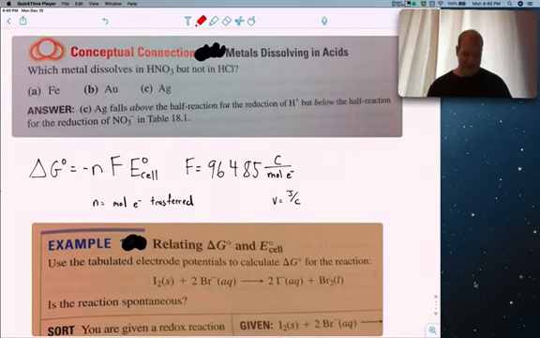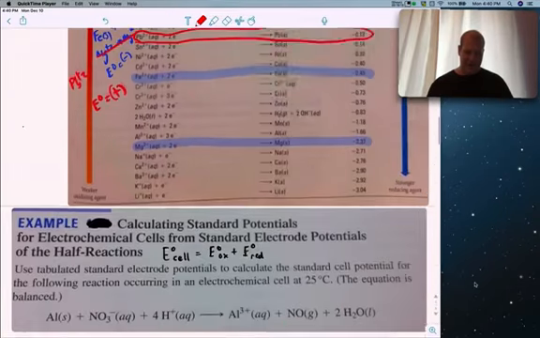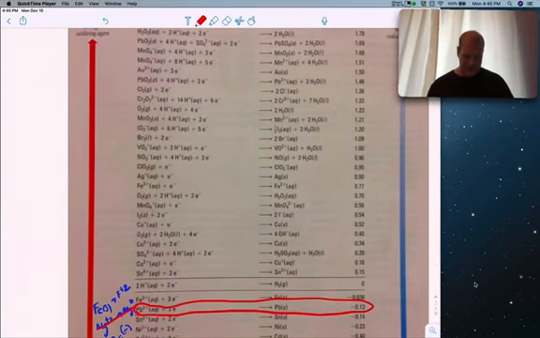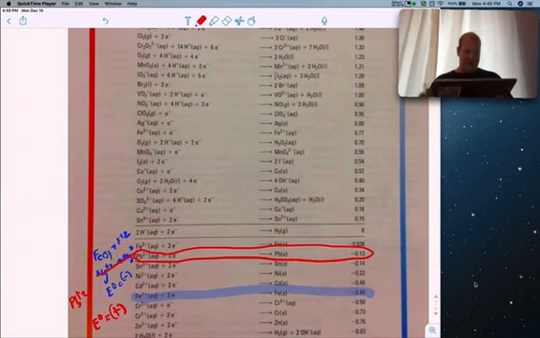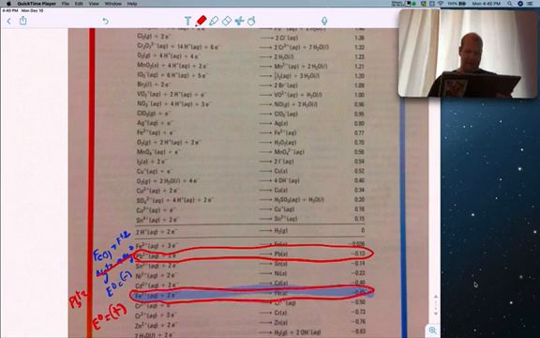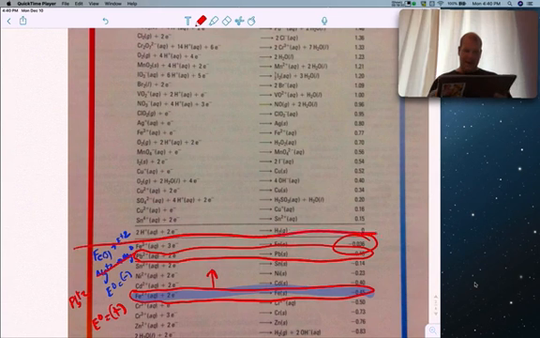Okay, so which metal dissolves in nitric acid but not hydrochloric? So iron, silver, gold, and silver. So we have to go back to this chart. So if you've noticed now, with iron metal, any ion that's above it, anything above this for iron, it will corrode.